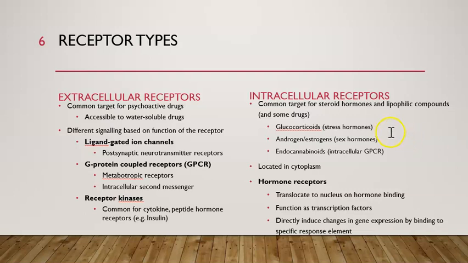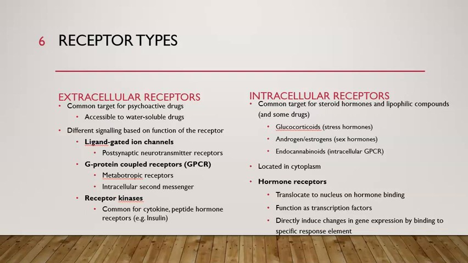Some examples of those hormones would be glucocorticoids, the stress hormones, and sex hormones. And then there are actually some intracellular G-coupled protein receptors, such as endocannabinoids. We will be talking about endocannabinoids when we get to the cannabis section near the end of the semester.